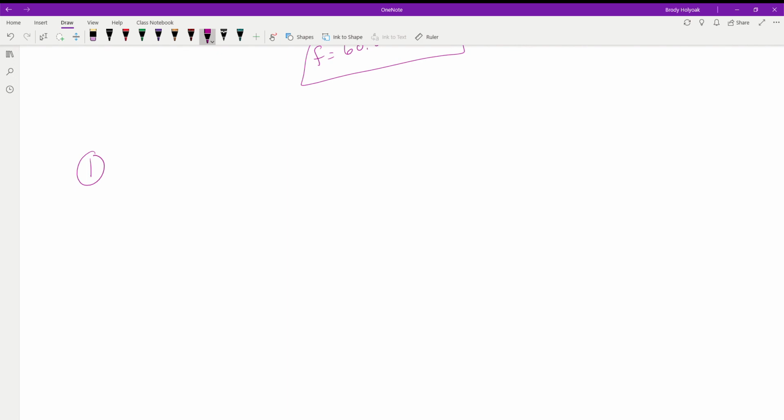Number 1, we want to design an RC circuit to be low pass. So there's our first clue.